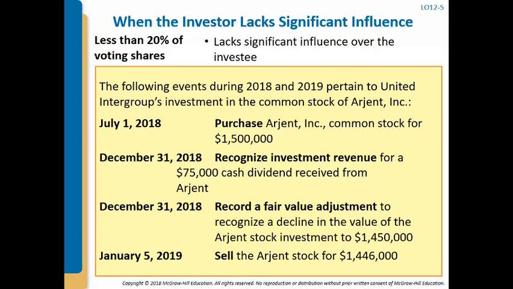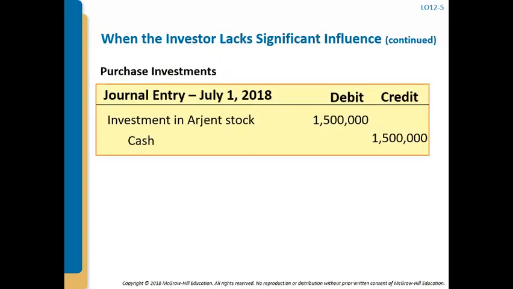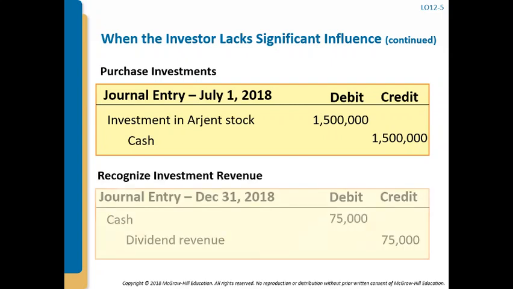So let's just go through the entries here. Pretty simple entry here. The investment is made: debit investment in Argent stock, credit cash. When we receive a dividend, we also debit cash and credit dividend revenue.